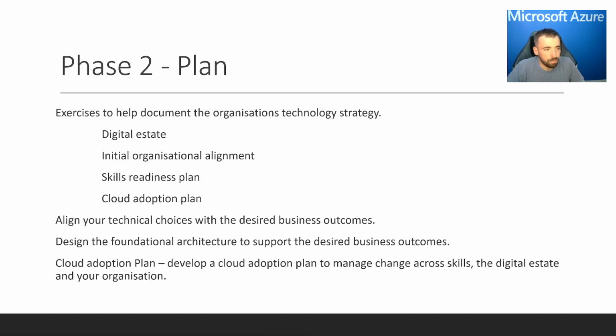So we've got aligning your technical choices with your desired business outcomes. So taking the business outcomes from strategy and aligning our technical decisions with them. Designing a foundational architecture to support the desired business outcomes, and the cloud adoption plan, which is to develop a cloud adoption plan to manage change across skills, digital estate, and your organisation.